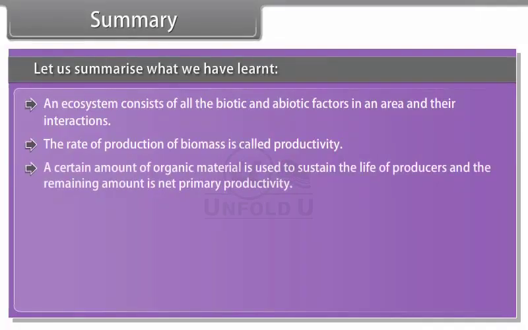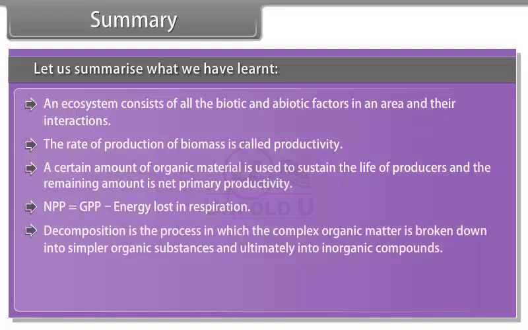A certain amount of organic material is used to sustain the life of producers, and the remaining amount is net primary productivity. NPP is equal to GPP minus energy lost in respiration. Decomposition is the process in which the complex organic matter is broken down into simpler organic substances and ultimately into inorganic compounds.